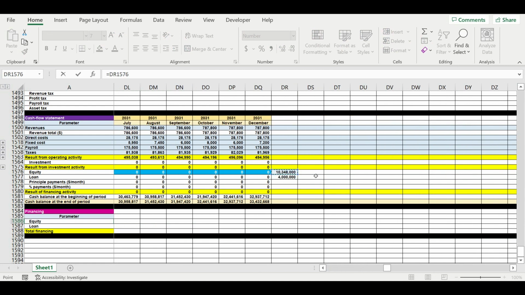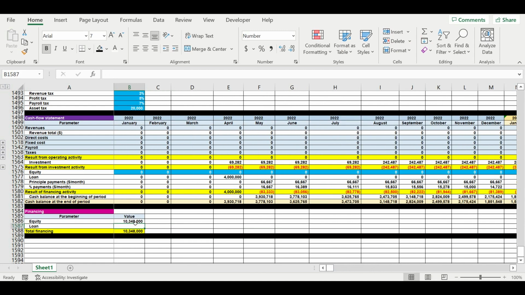Here they are. Yep. So this is the manual story, but we can automate all these calculations.